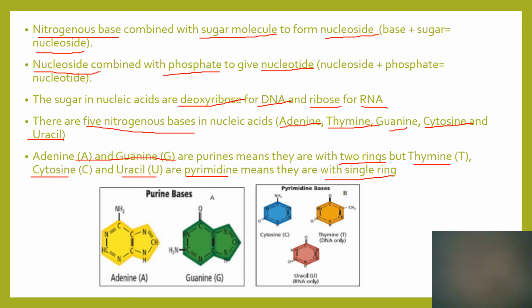Here, purine bases are adenine and guanine. Adenine and guanine have a double ring. But pyrimidine bases are cytosine, thymine, and uracil. They have a single ring. This is the difference between pyrimidine and purine bases.